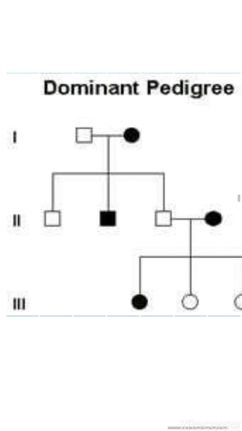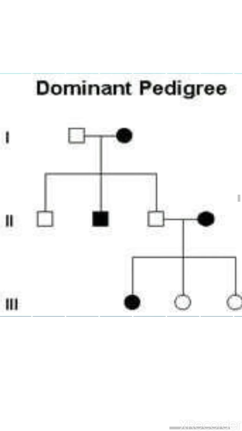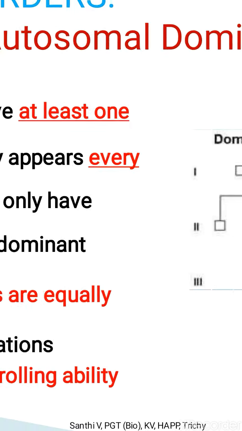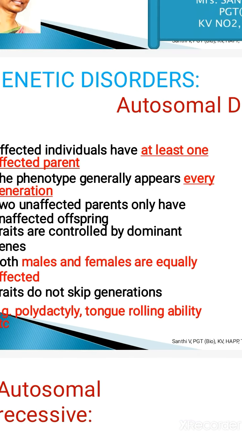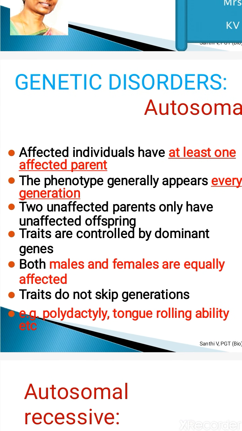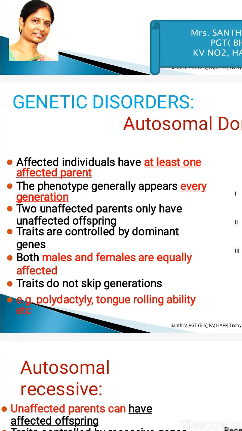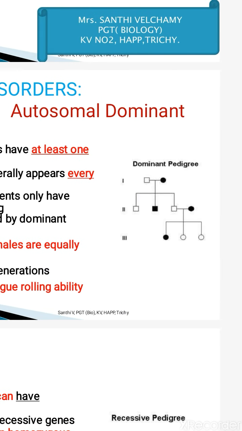The affected individuals will have at least one parent affected by the particular trait, and that phenotype will appear in each and every generation.